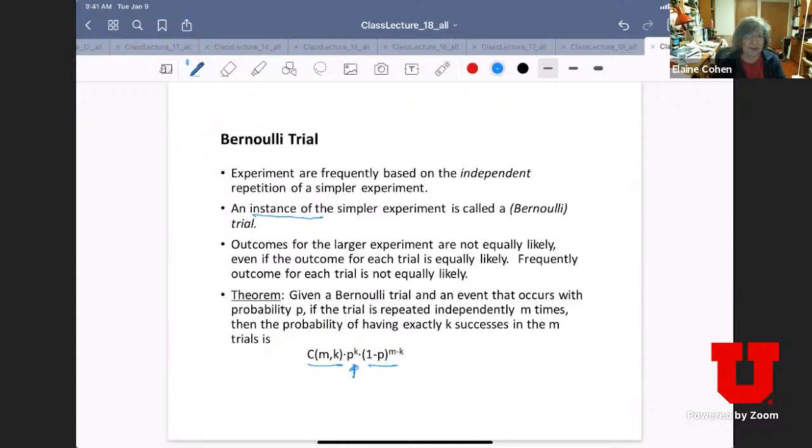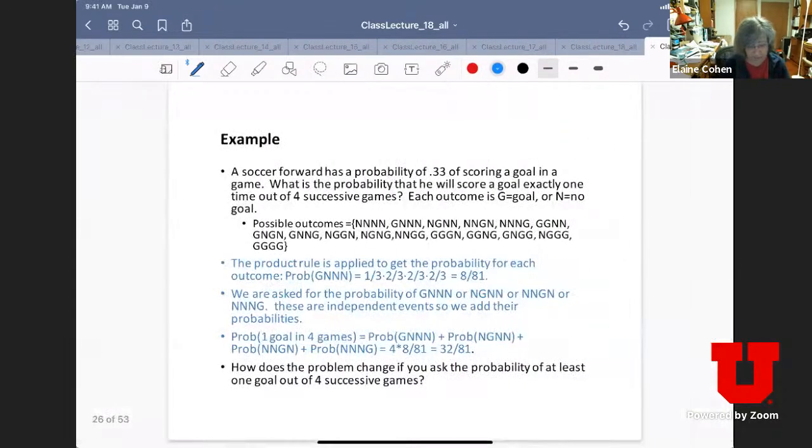So remember, if I'm asking how many ways can I win, what's the probability of my winning 1 game out of 3? I can win the first game, I can win the second game, I can win the third game. But then I can't win the other 2. Okay, so this is a nice theorem, and we're going to use it instantly.